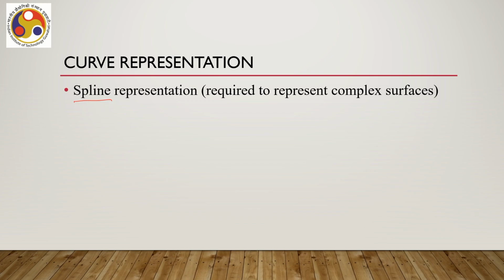So, splines can be used to construct quality scenes for rendering, and splines are required to represent complex surfaces, surfaces with complex properties, so that those cannot be represented with simple polygons or simple polynomial equations. Now, this curved representation using splines falls under the broad category of parametric representation.